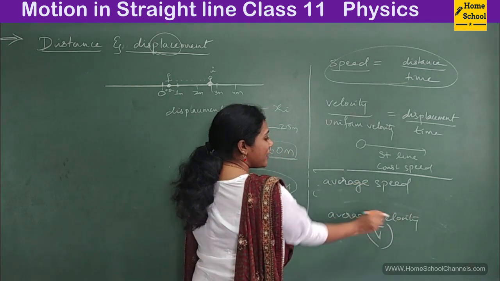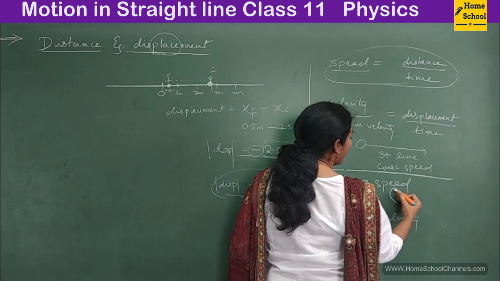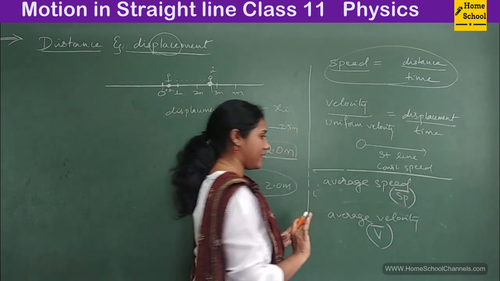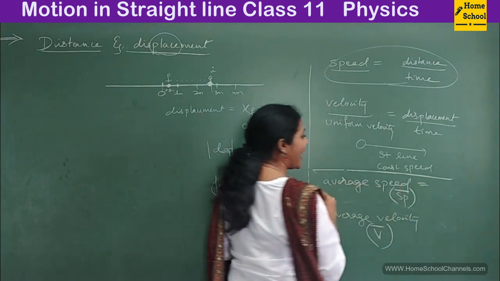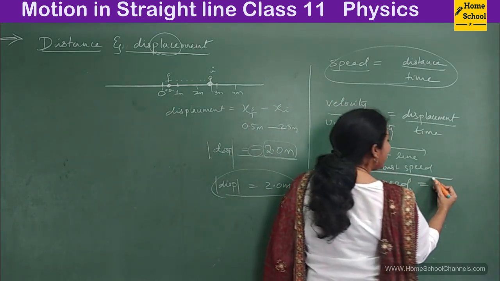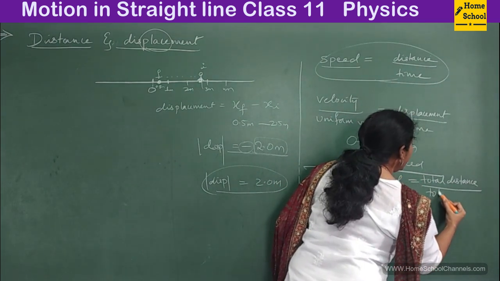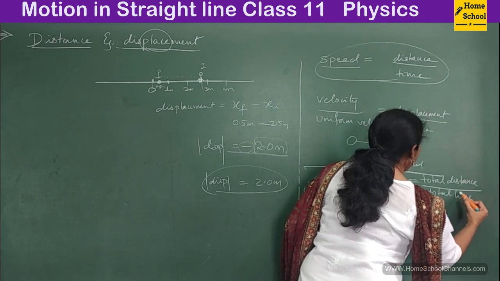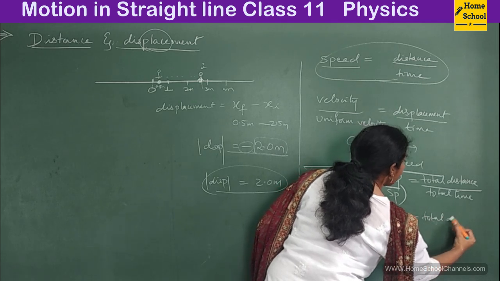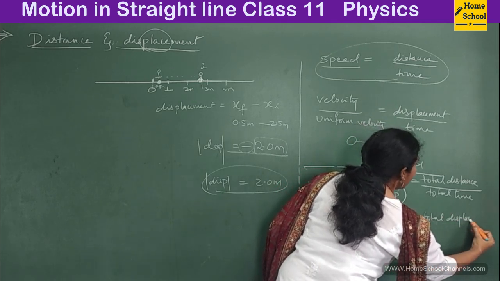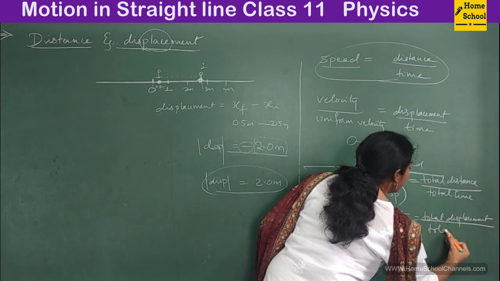Average speed doesn't have any symbol, so you can just consider this for average speed. What is the formula for average speed? Average speed is nothing but total distance by total time, whereas average velocity is nothing but total displacement, very important, total displacement by total time.